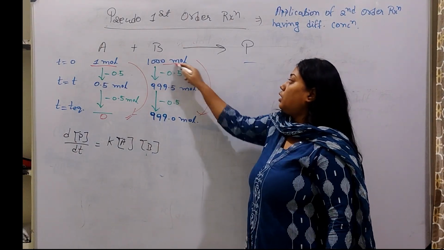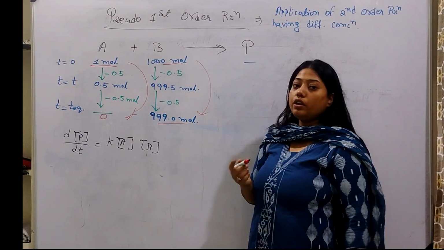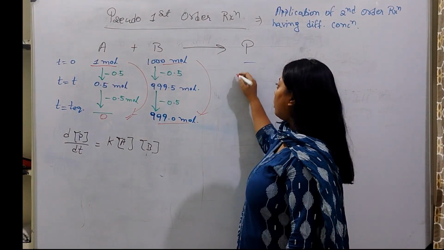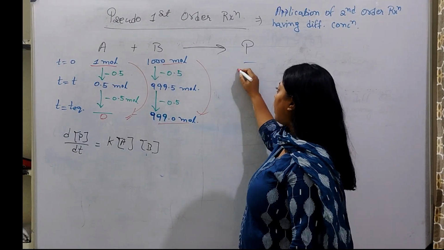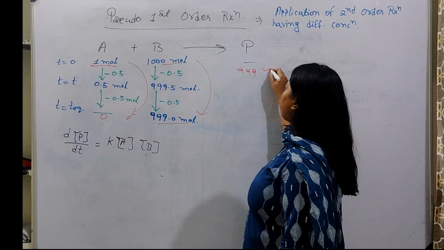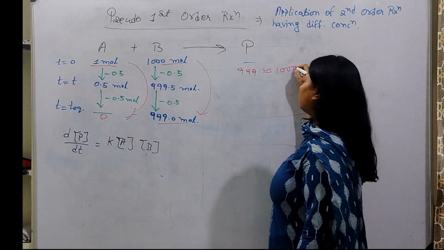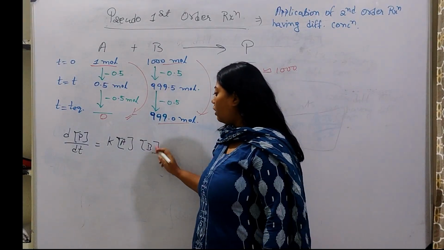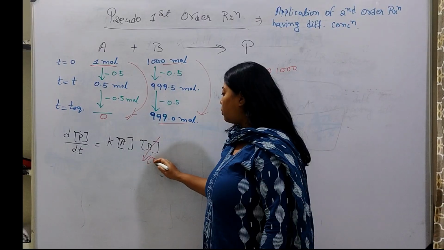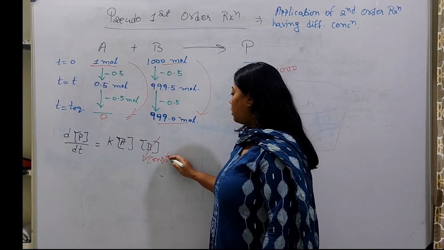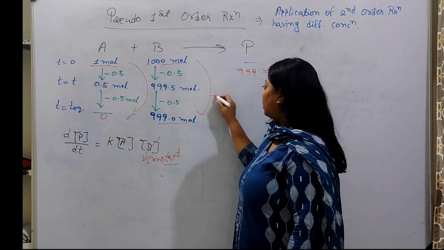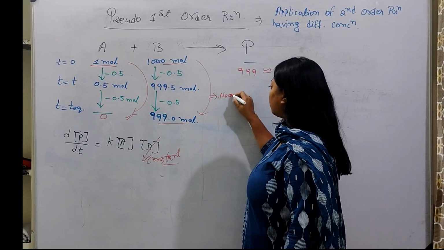Okay, from 1000 only 1 molar has been lost, so there will be a negligible change. Why? Because 999 can be approximately equal to 1000, right? So we can take this as constant. We can consider this as constant because it is a negligible change.